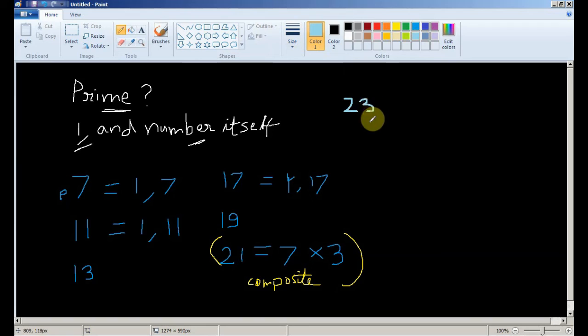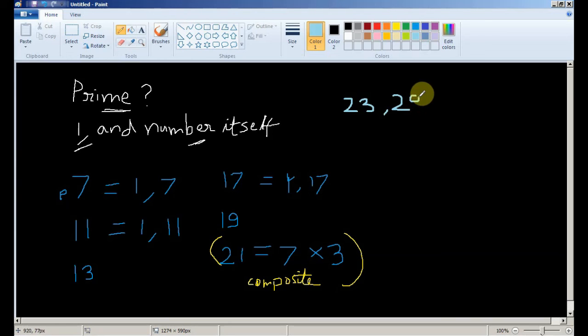What about 23? Yes, 23 is a prime number. I simply list out all the prime numbers here. Then what about 24, 25, 26, 27? It's also a composite number because 9 threes are 27. 28, 29.